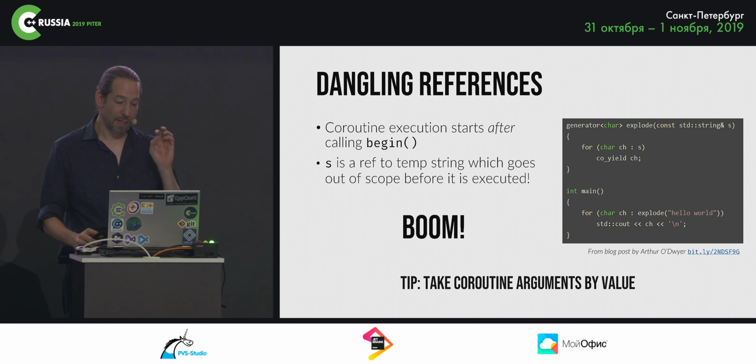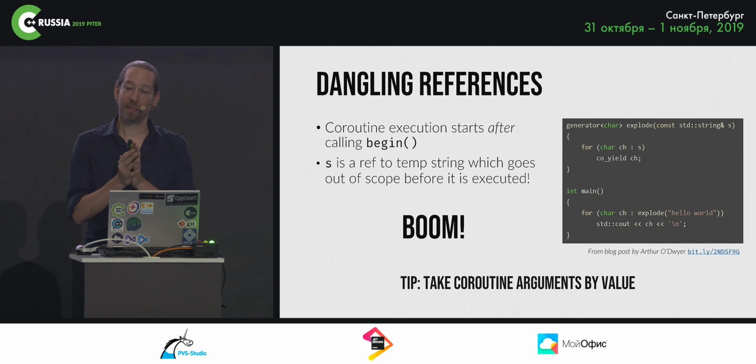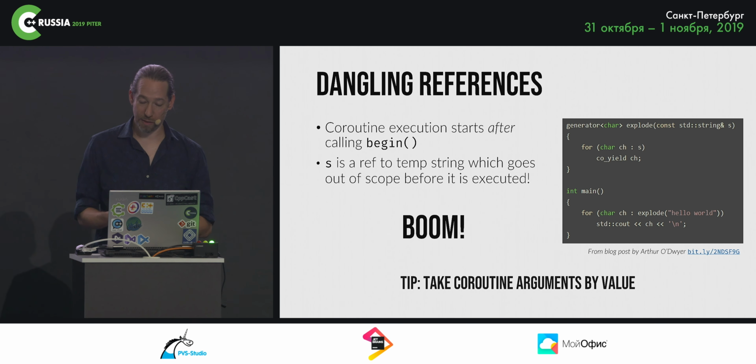Basically, in coroutines, the execution starts only after we call begin. So upon the constructor of the generator class itself, the coroutine is called in an initially suspended state, and the coroutine itself hasn't started executing yet.